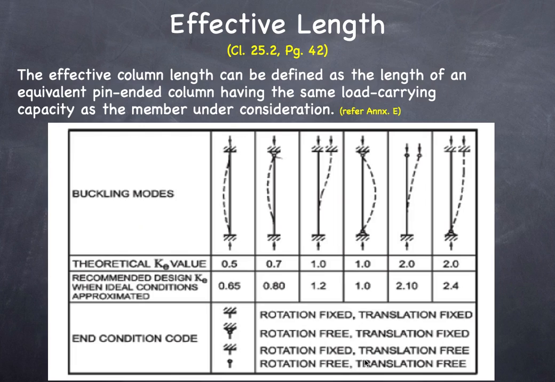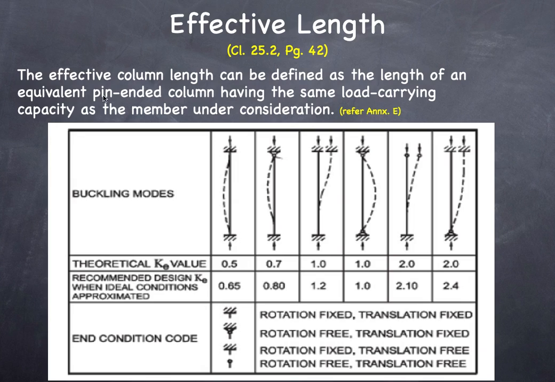Now for this, since we know the strength of materials, we know effective length. What is effective length? This effective length is basically the length between points of contraflexure or points of zero moment. In the code it is defined as the length of an equivalent pin ended column.